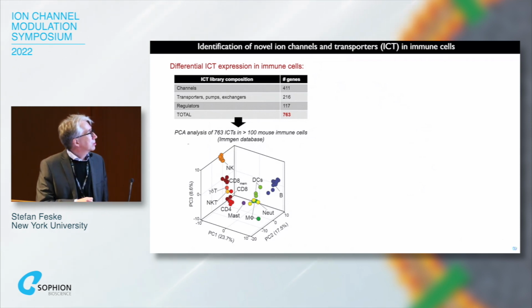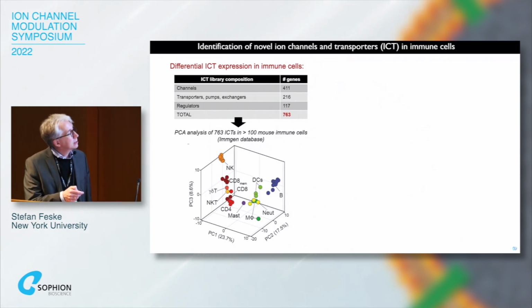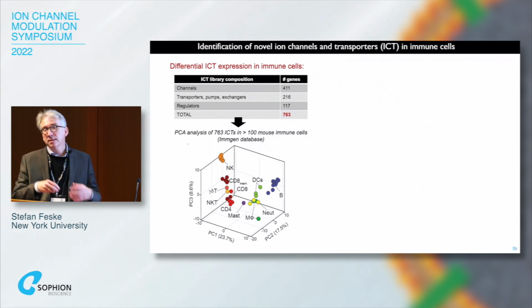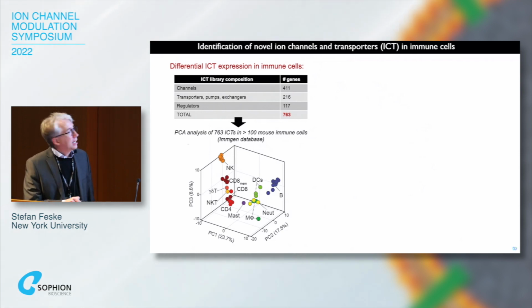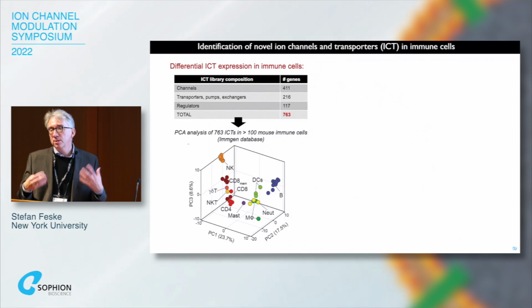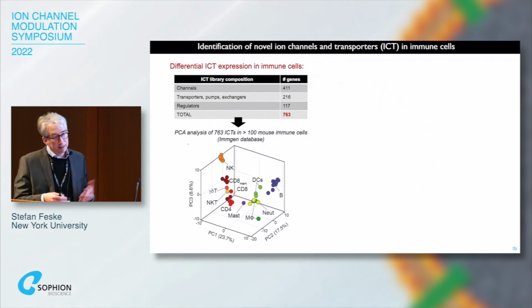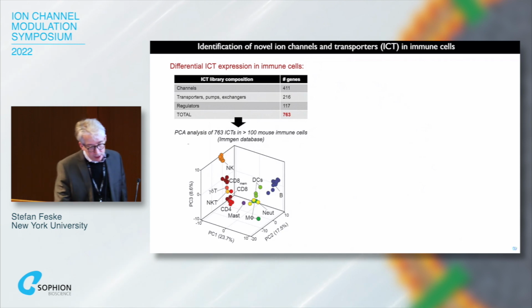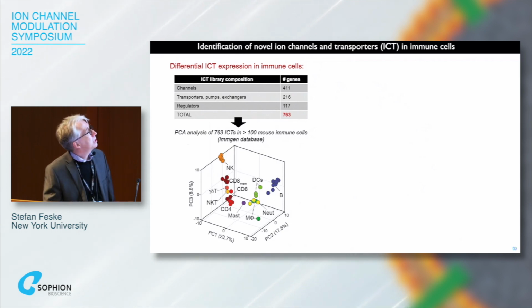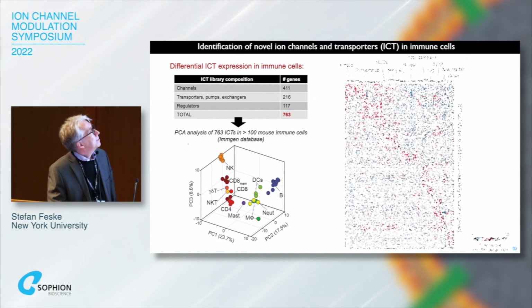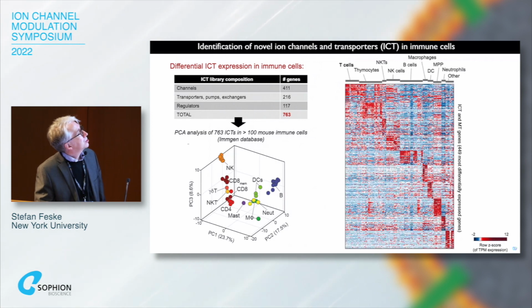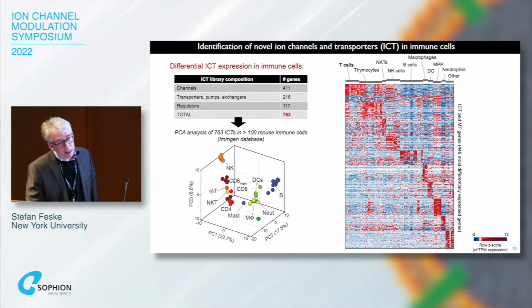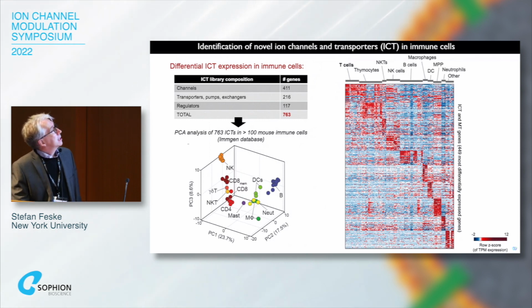And this is a principal component analysis, and all you can see here is that B cells and T cells and NK cells are far apart, and that means that they express different groups of ion channels. So they don't all use the same types of ion channels. And we can zoom into this looking at a heat map like this here, where each row is an ion channel or metabolic transporter, and each column is a group of immune cells and their subsets.